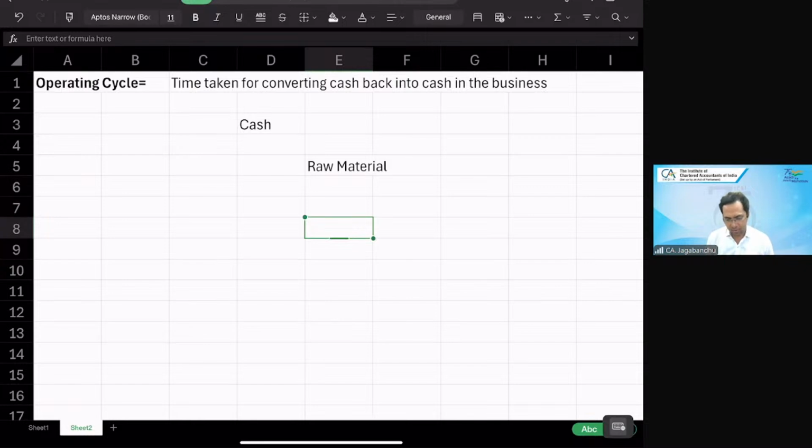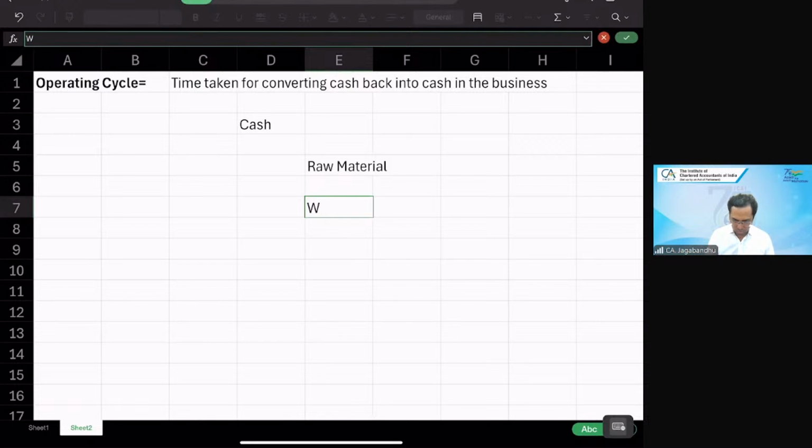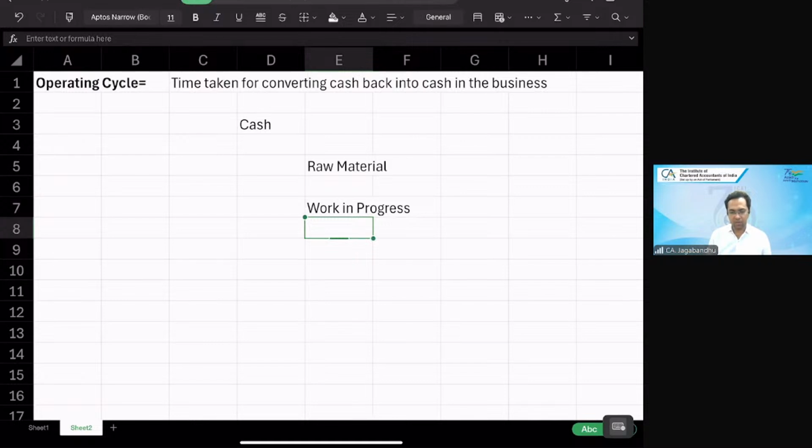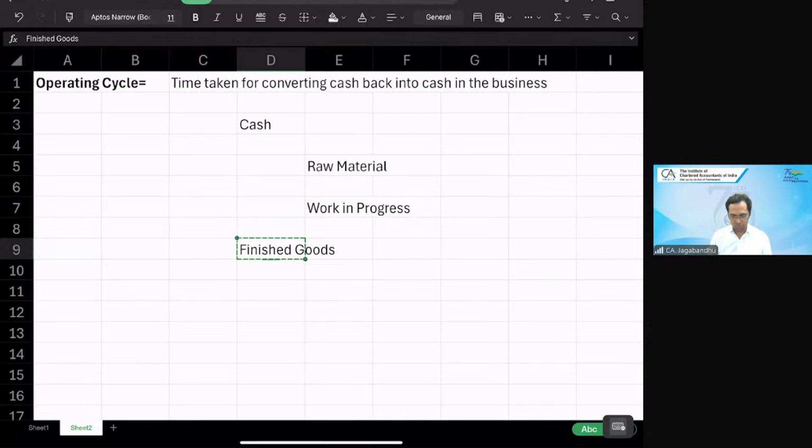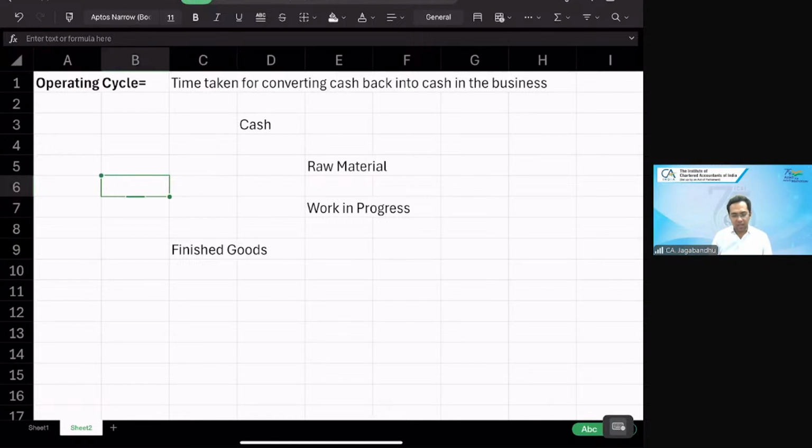Further, that raw material is converted to work in progress, and then that work in progress is further converted to finished goods. And then finally, when I sell those finished goods, they get converted to debtors.